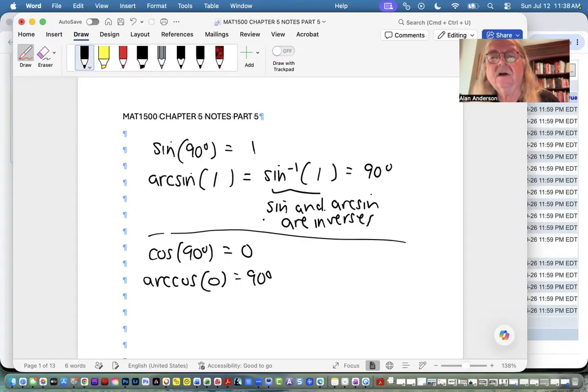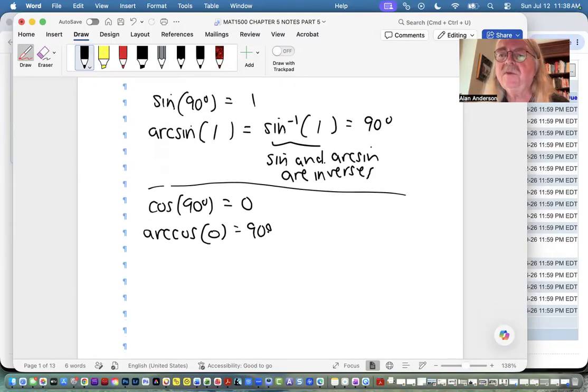So these arc functions are inverses of the basic trig functions, and there's one for each. There's an arc sine, an arc cosine, an arc tangent, an arc cotangent, arc secant, and arc cosecant. And in each case, this is how they're defined.